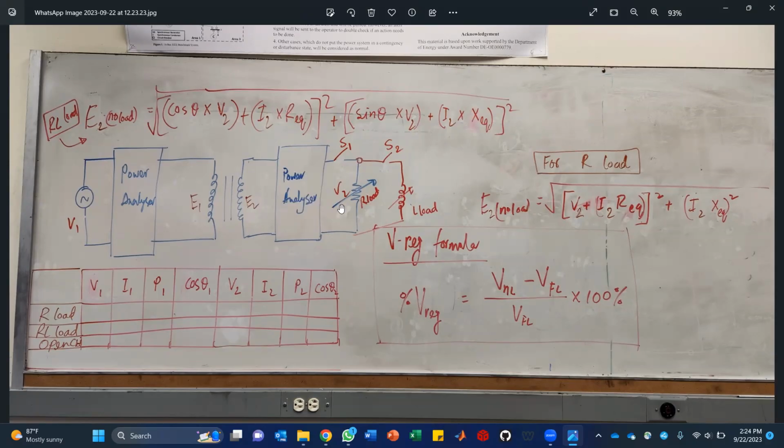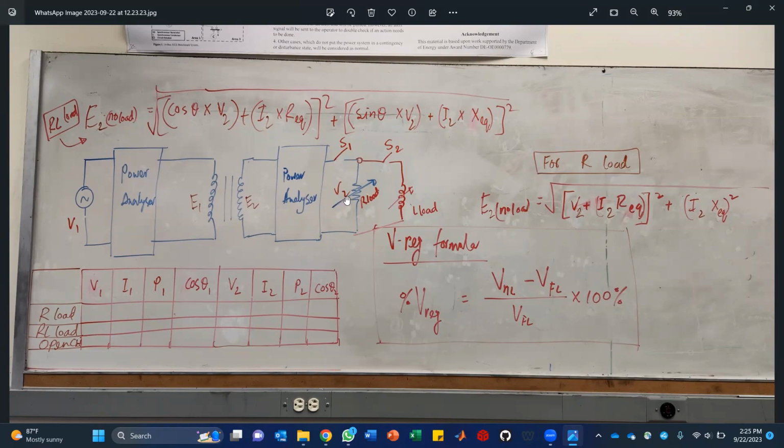E2 will be exactly like V2. Okay, so normally that's a larger quantity. And full load means if we have maximum amount of load here, in that case the voltage value will not be equal, so V2 will not be equal to E2. It will be slightly smaller.